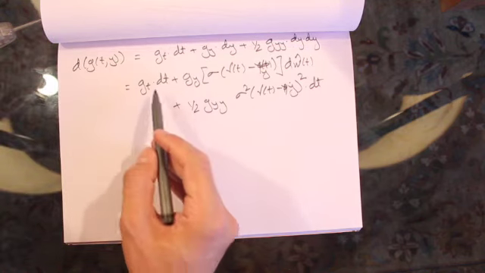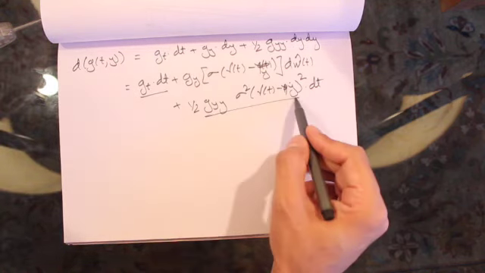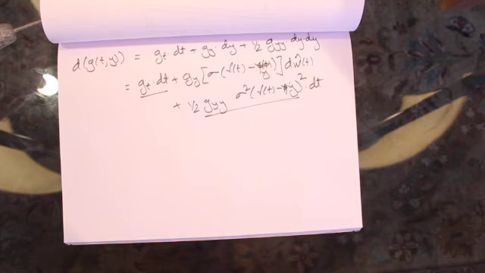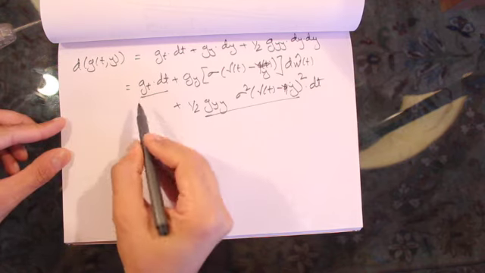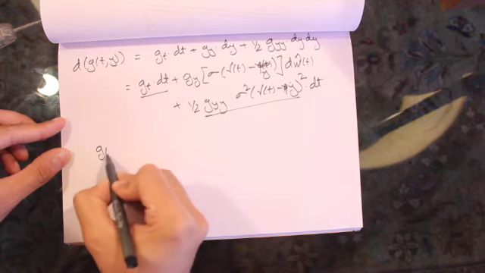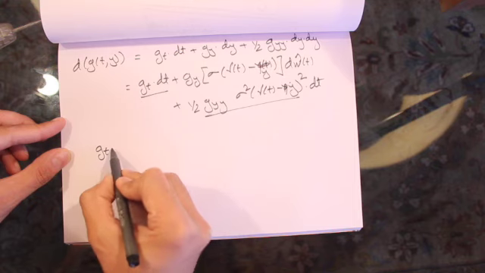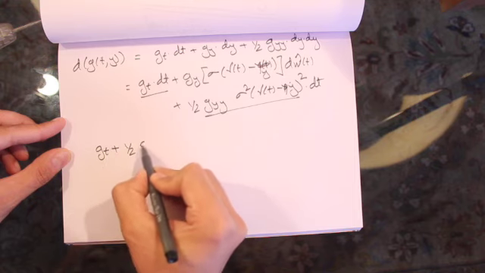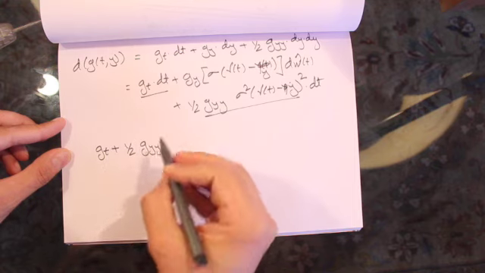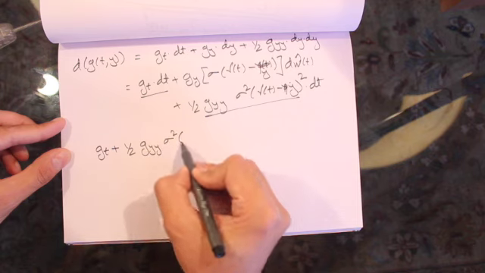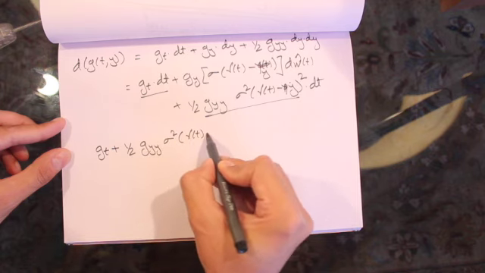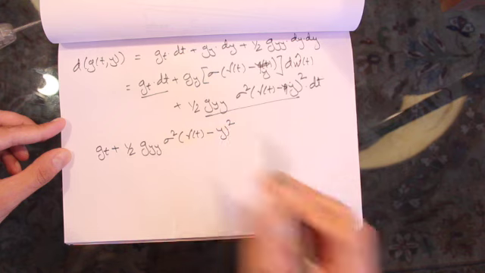So now I can combine these two dt terms and set them to 0, and I'll get my partial differential equation. Let me combine this. The dt terms are given by g of t, which is a dt term. Then I have half g of yy sigma square gamma of t minus y whole square.